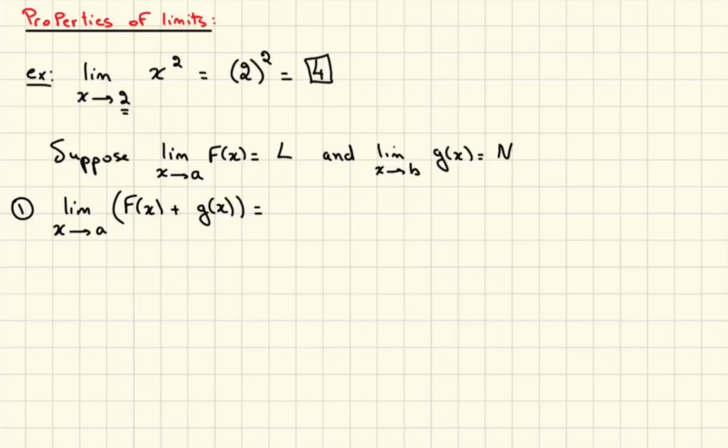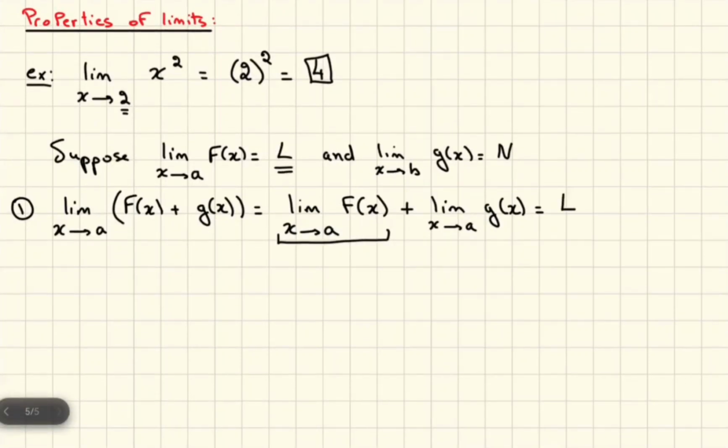We just separate this expression and write limit as x approaches a of f of x plus limit as x approaches a of g of x, which, from what I wrote before, is equal to L plus n.